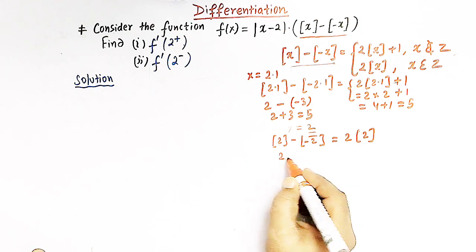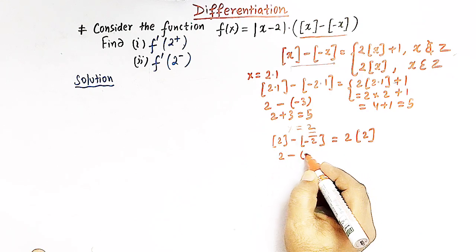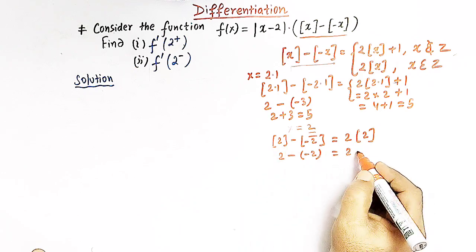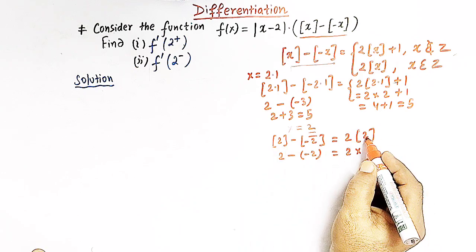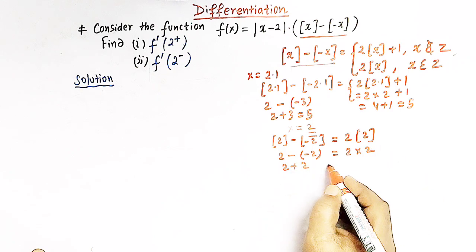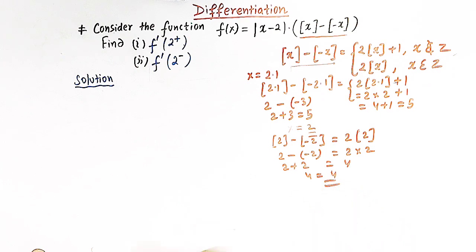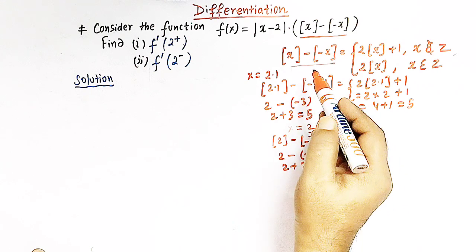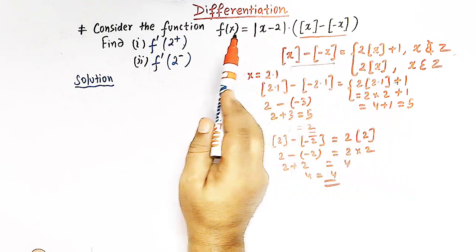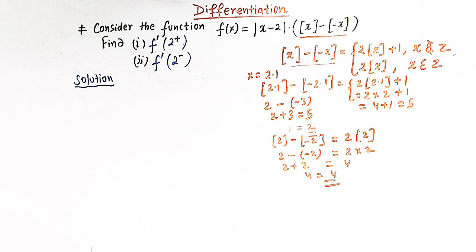Now here we have 2, and the greatest integer of minus 2 is simply minus 2, right? So here we have 2 times greatest integer of 2, which is 2. So this is 2 plus 2, and here we have 4. So 4 is equal to 4, right? So this property is very useful while solving this problem.